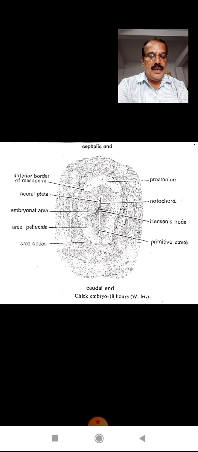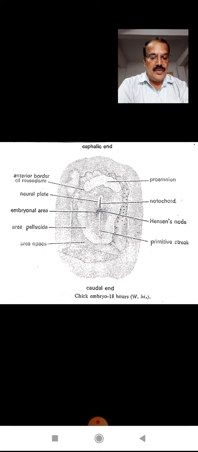In the middle of the area pellucida is a primitive streak. It has a central canal called primitive groove. On either side of the primitive groove, there are primitive ridges. Primitive groove ends in a depression called a primitive pit.